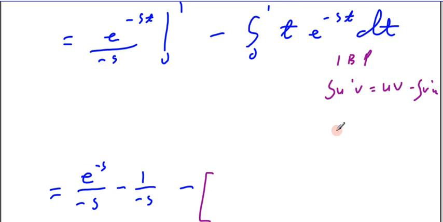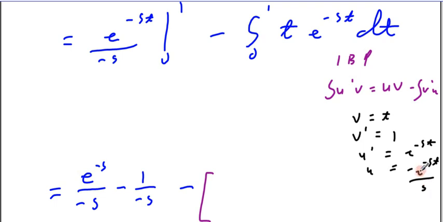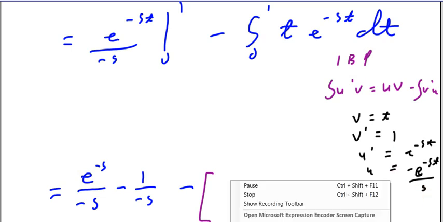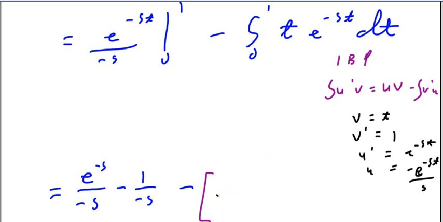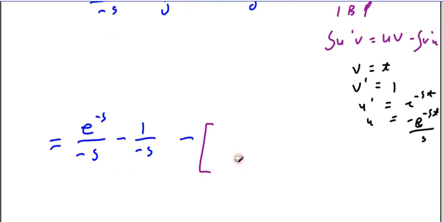Okay, well, that being the case, we're going to let v be equal to t, and v prime is equal to 1. And u prime is going to be e to the minus st, and u is going to be minus e to the minus st divided by s. Okay, all right, so where are we?